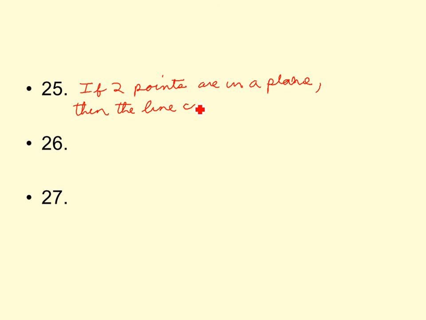So the postulate that tells us that is if 2 points, we wrote this one down already on the other slide, are in a plane, then the line connecting them are in the same plane.